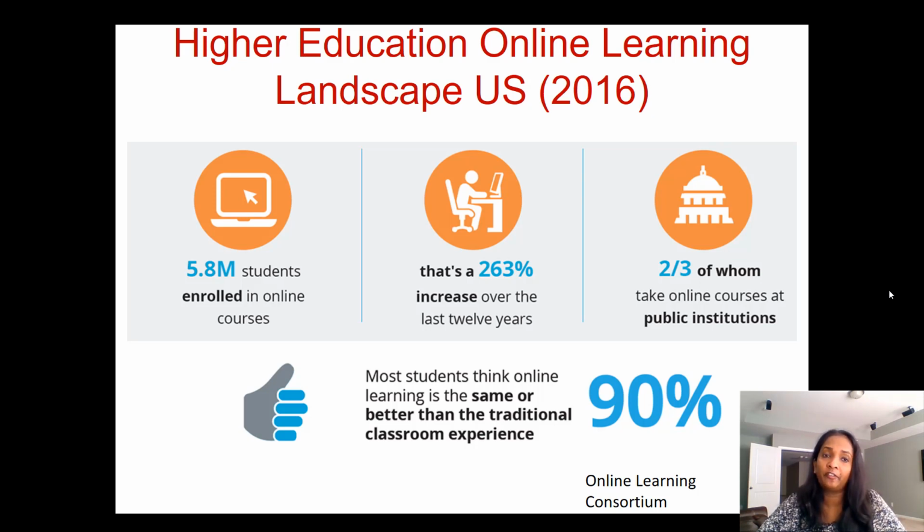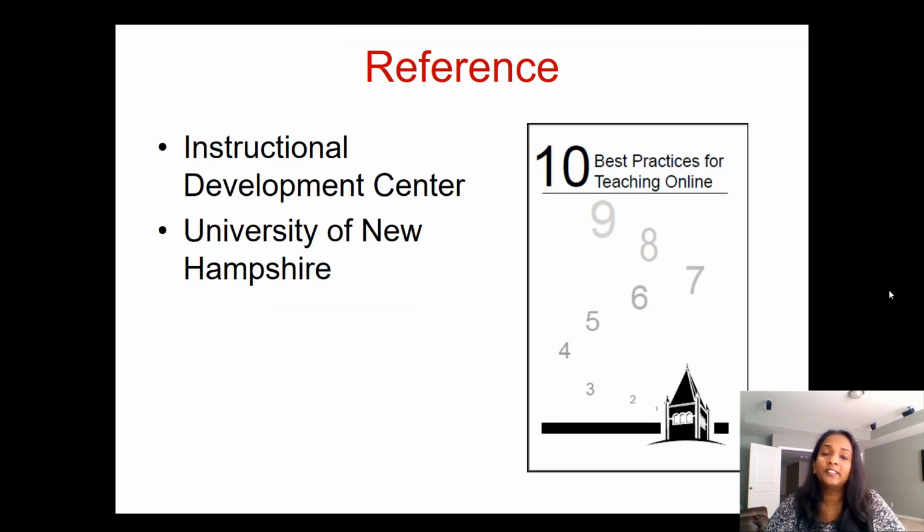So this shows that there were 5.8 million students enrolled in online courses, which is a 263% increase over the last 12 years, and two-thirds of those students are taking online courses at public institutions. And the good part is 90% of them think that online learning is the same or better than the traditional classroom experience.